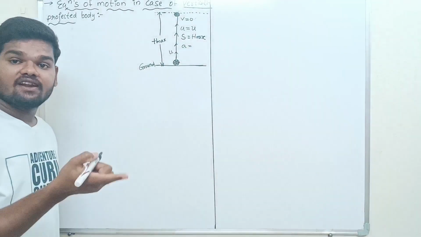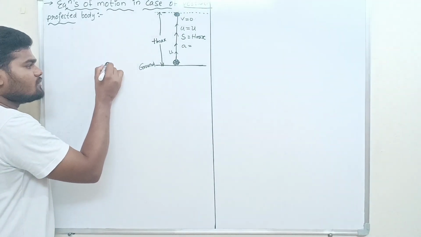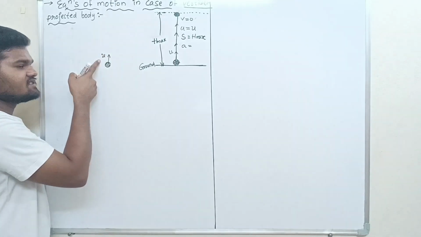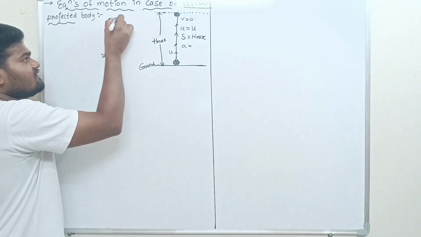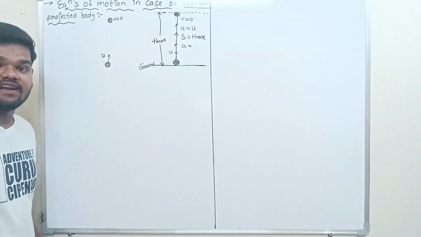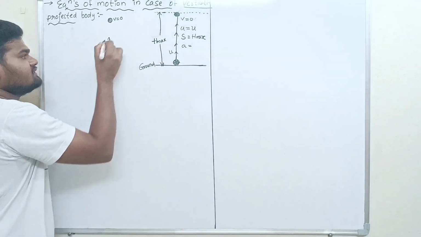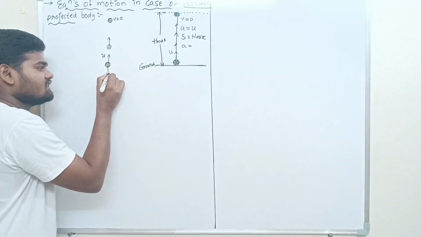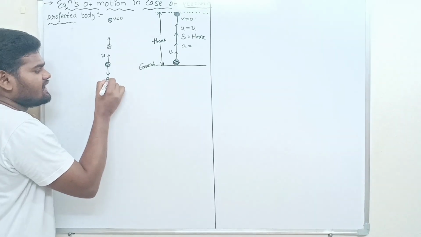Now, what is the acceleration of the object in this case? Have a look. We projected this object in a vertically upward direction with a certain initial velocity u. After it reaches the maximum height, its final velocity becomes zero. That means there is a change in velocity. The object is moving in this direction with some velocity, and on this object the acceleration due to gravity acts in a downward direction.